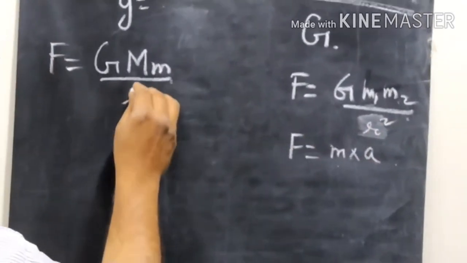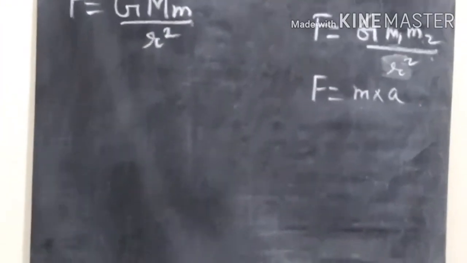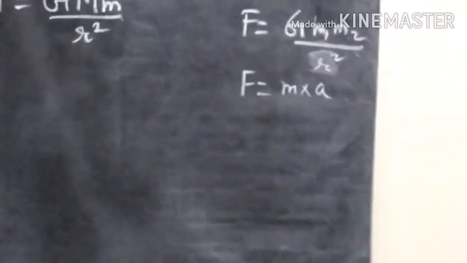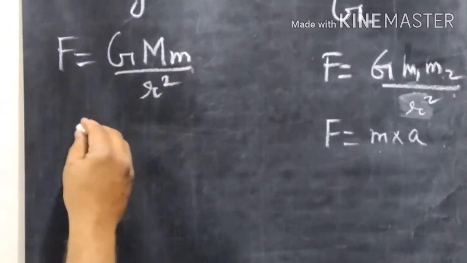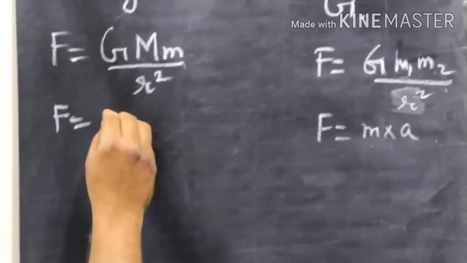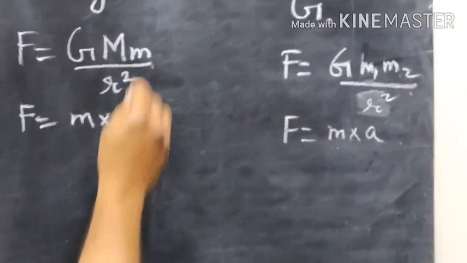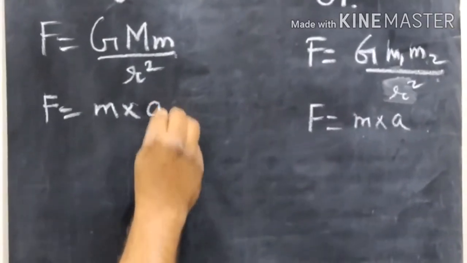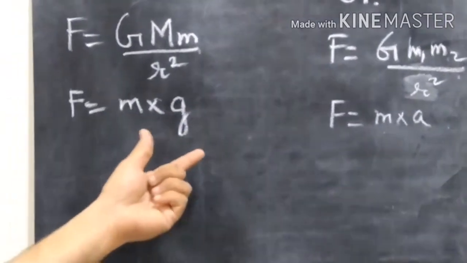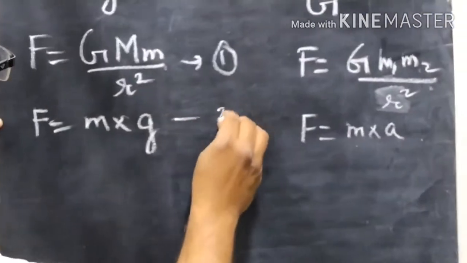Now the second formula: F is equal to m into a, where instead of acceleration I take small g, the acceleration due to gravity. Consider the first formula as 1 and the second as 2.